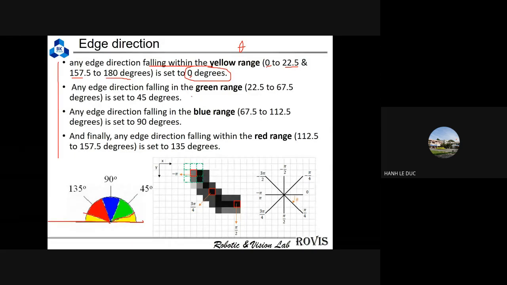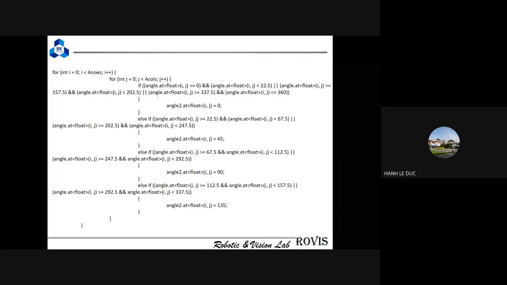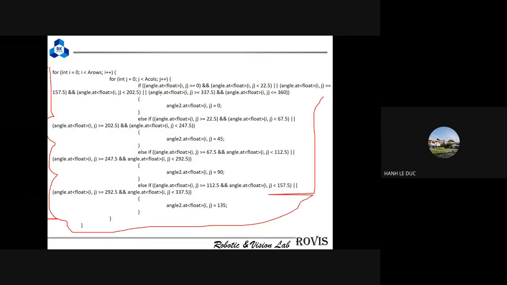And so on, the range is 45 degrees. From this range, they will consider it 45 degree. So that means we reduce it into the 4 bins like this. And this is example code for reducing into the bins.